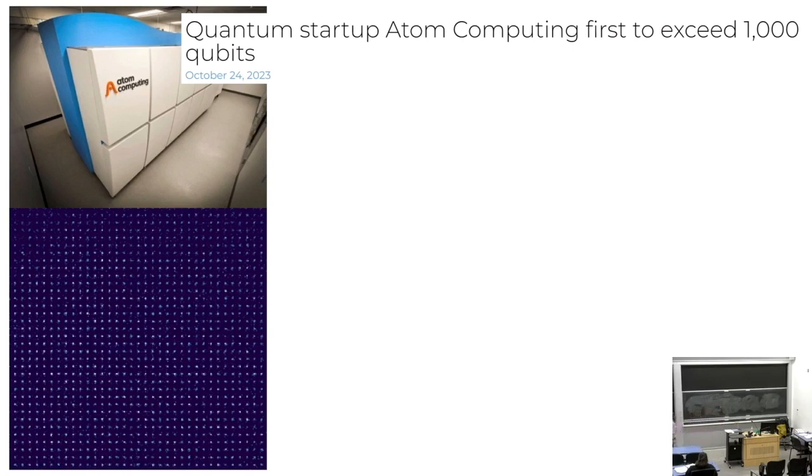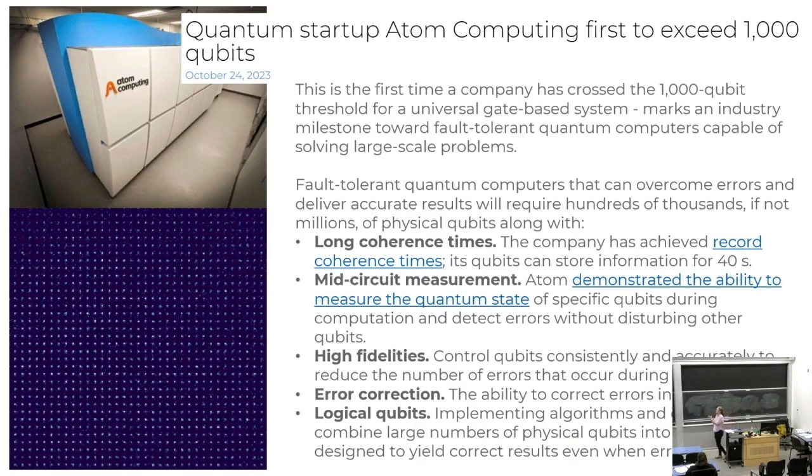So what they have is an array of 35 by 35 trapped ions, and that array of trapped ions is sitting inside this giant box with all these lasers and electronics and all kinds of stuff. And they don't have a quantum computer yet that makes use of all of these qubits, but they're making progress. This is from their big press release, and they highlight that it's the first time a company has crossed the 1,000 qubit threshold.